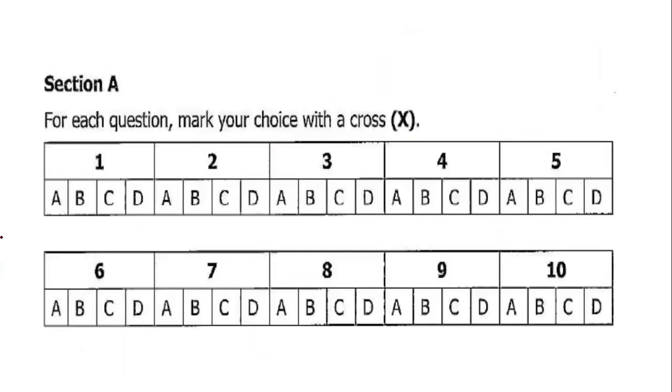For instance, number one, the answer was D, so you mark your answer as D. Number two, the answer was A. Number three, the answer was also A. Number four, the answer is D. Number five, if you were following, the answer was B. I'm just trying to show how exactly you are supposed to answer in the exam.